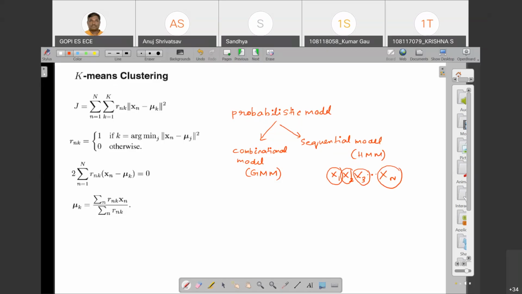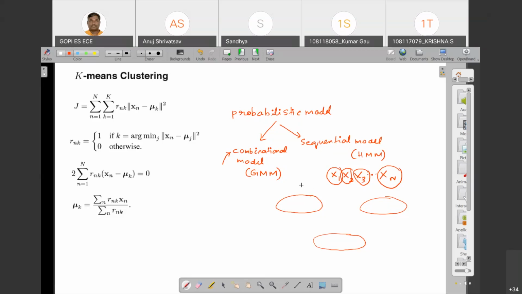But the term combination comes into the picture because, although we are not taking the sequence x1, x2, x3 into account, we still have multiple Gaussians. It is not going to be a single Gaussian model. So the vector x1 is generated as a linear combination of, for example, three Gaussian models in this case.